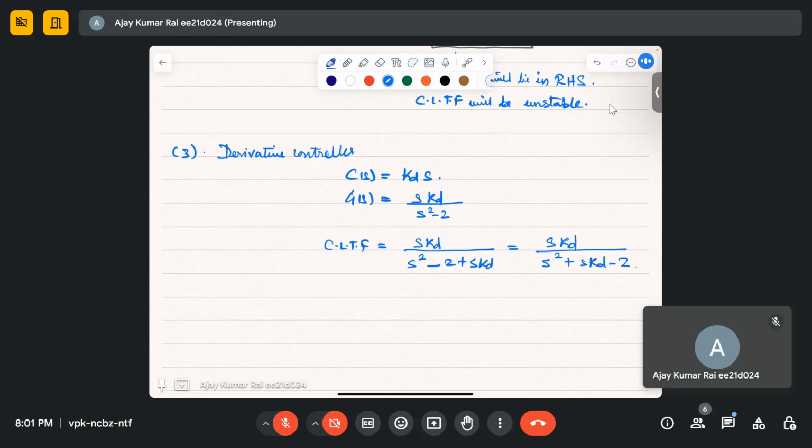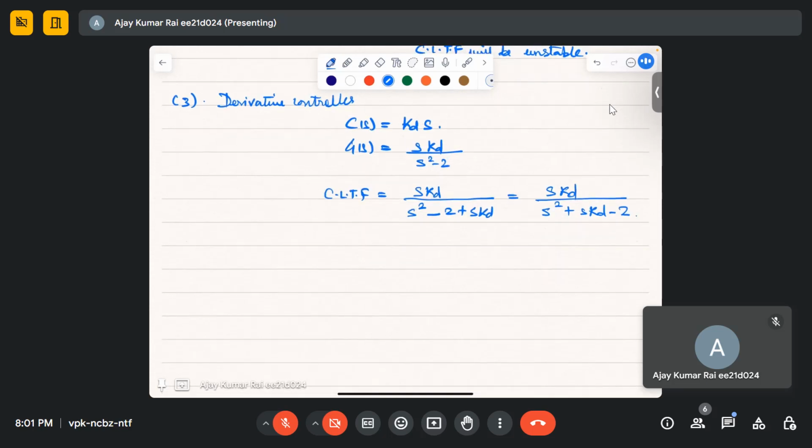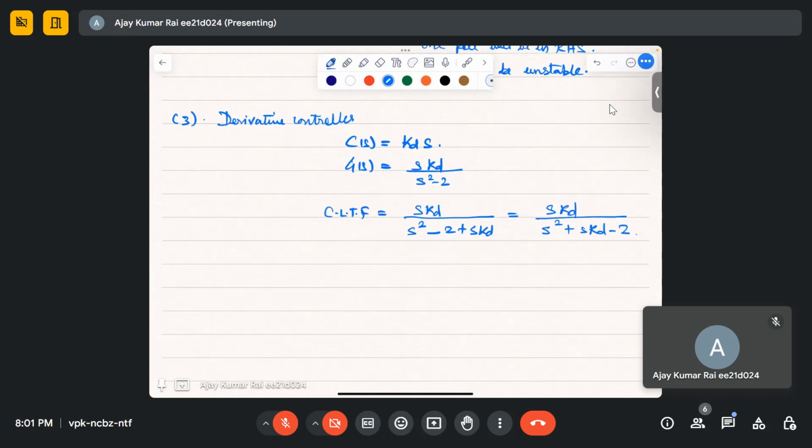Okay, so directly from here also, if you apply the Routh-Hurwitz criteria, that we'll see in the next class because time is not there, otherwise you can find the roots and find the values of Kp and Kd. You'll see that for a particular value of Kd it will be unstable.